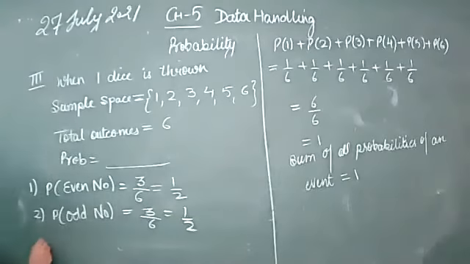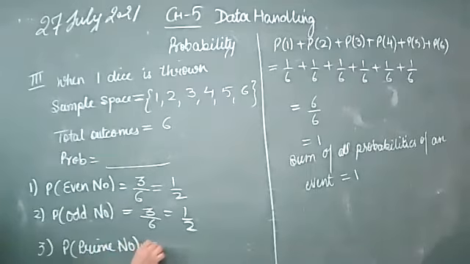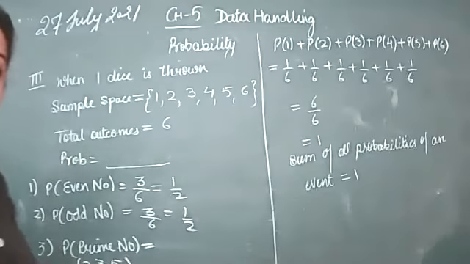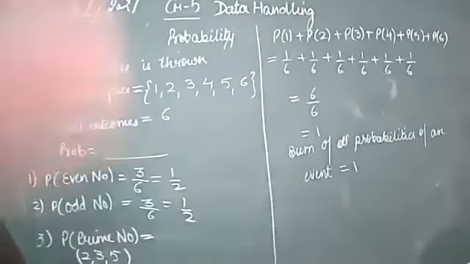Okay. Next is third part, that is probability of prime number. Out of 1 to 6, how many are prime? 2, 3, 5. The least prime number is 2, which is even, and the rest of the prime numbers are odd.